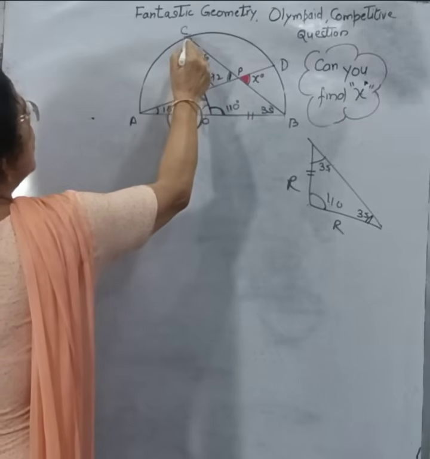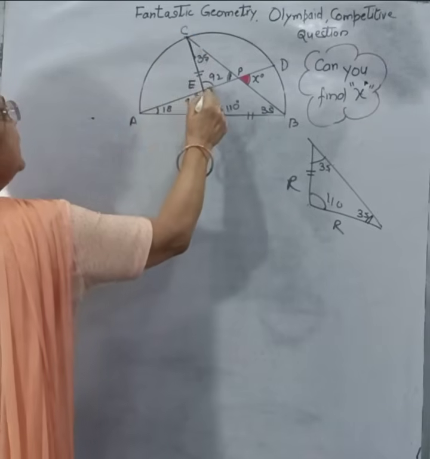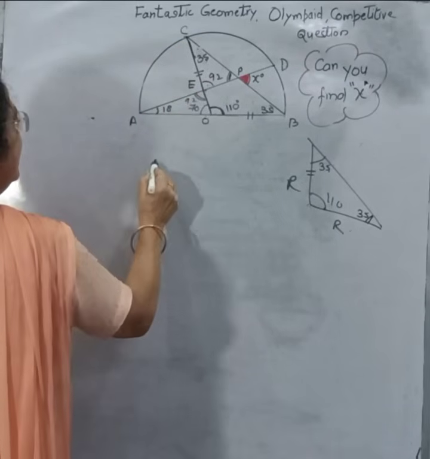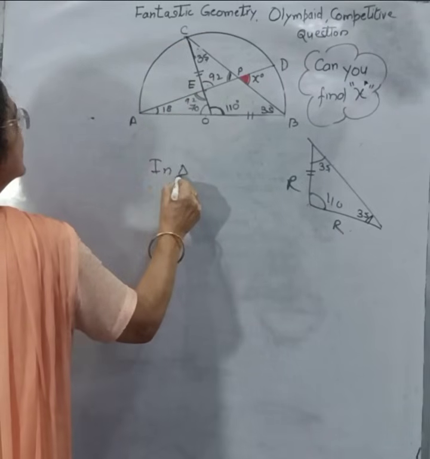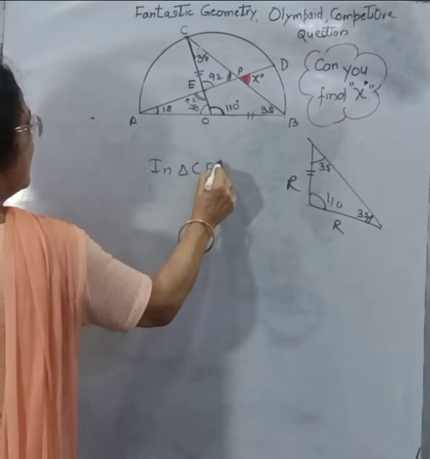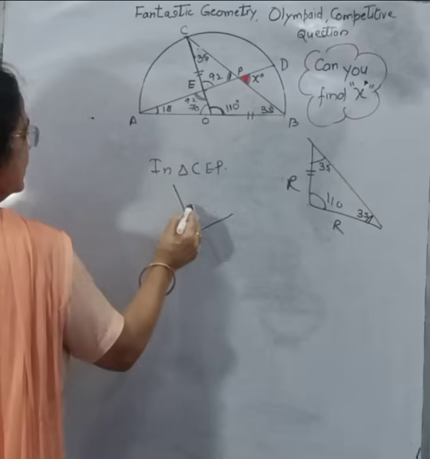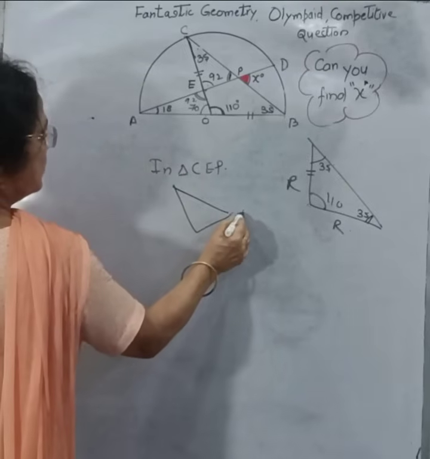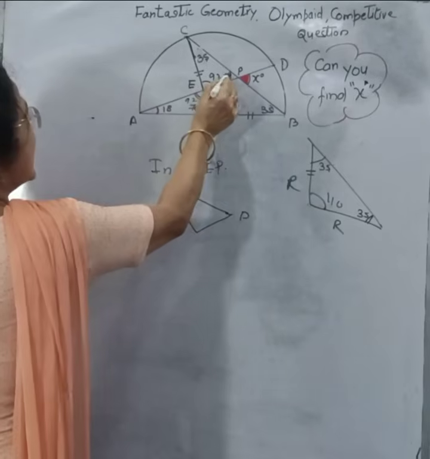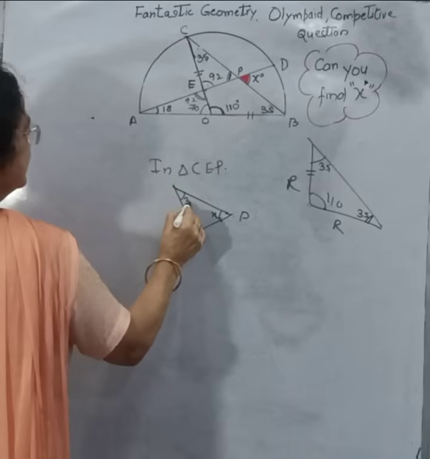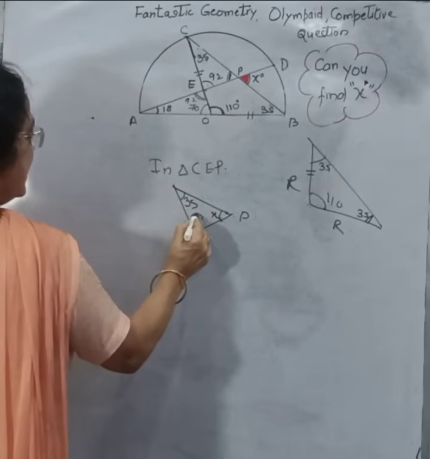Now let us see the triangle CEP. This is 35, this is 92. In triangle CEP, you can draw here. This was the point P, this was x. This was 35 and this was 92.